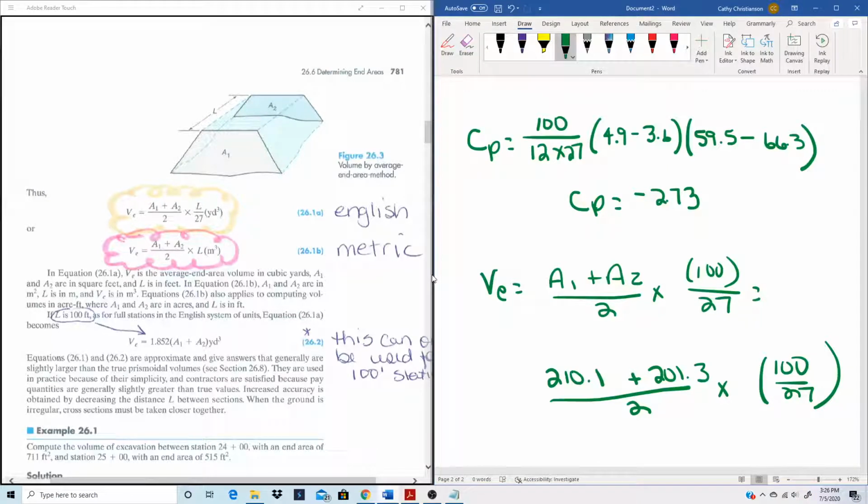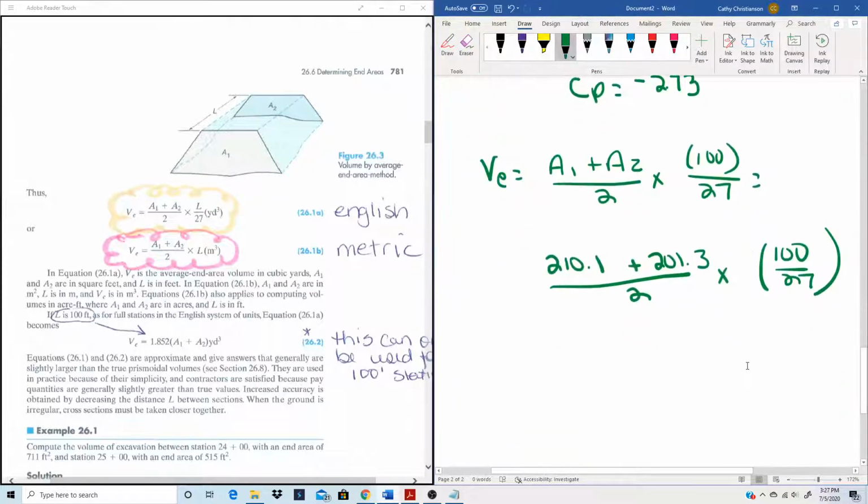Alright, let's check these numbers out. I got 761.8, and the book did have that. Okay, and you should be able to then subtract your prismoidal correction.